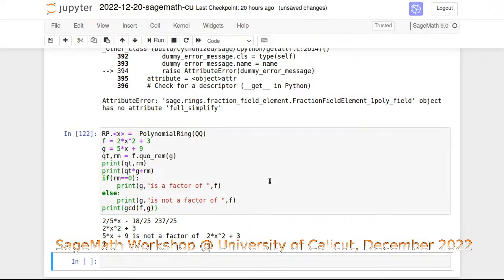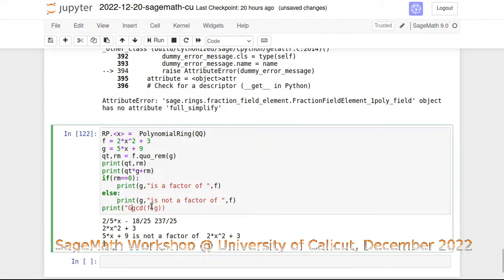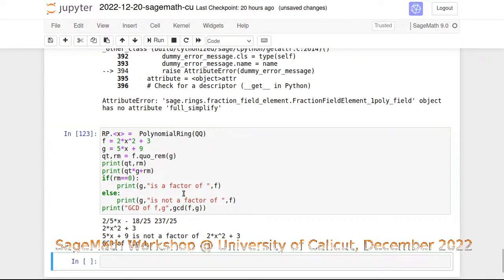There are no common factors, because we have already seen that it's not a factor. 5x plus 9 is not a factor, it doesn't divide.